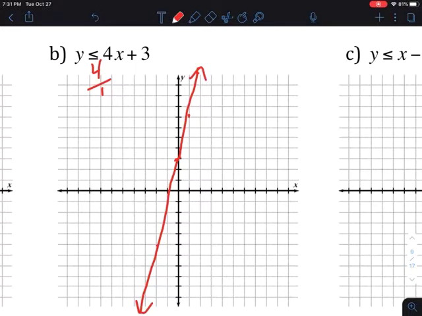And for the shading, it's less than, so this guy is going to be under or below the line. Again, if that sounds confusing, just think of this as a roof, and this would be under the roof.